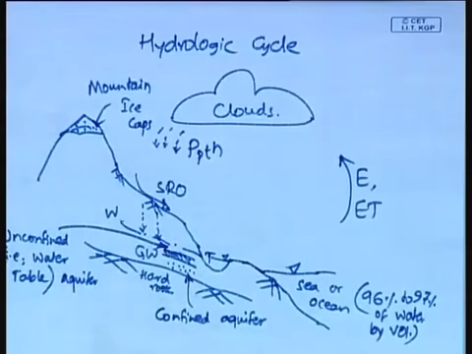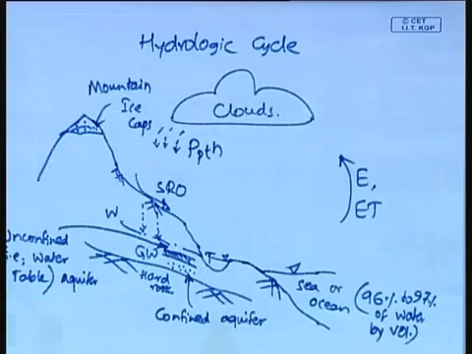Out of this, 1/3 is available in groundwater, and this groundwater is available in almost all the regions, whereas the mountain ice caps are available only in the mountainous regions or the polar regions. The fresh groundwater is practically available everywhere.